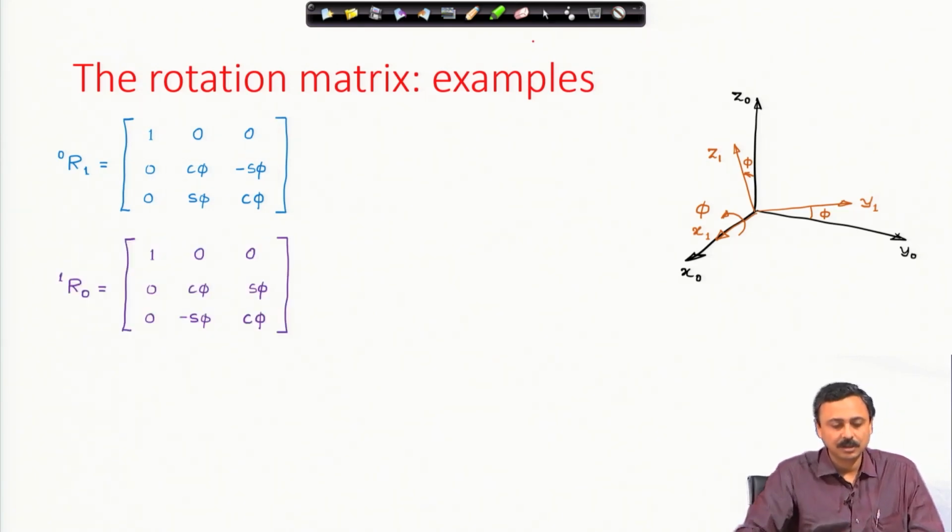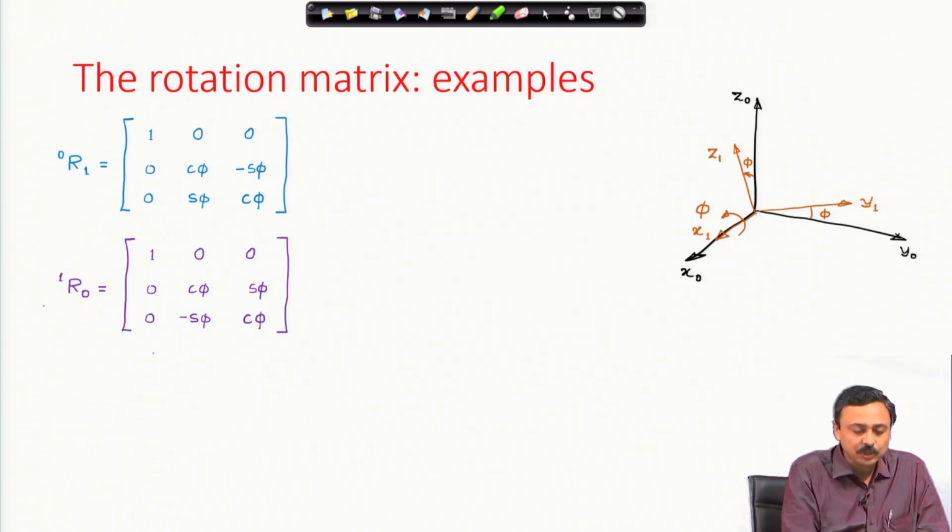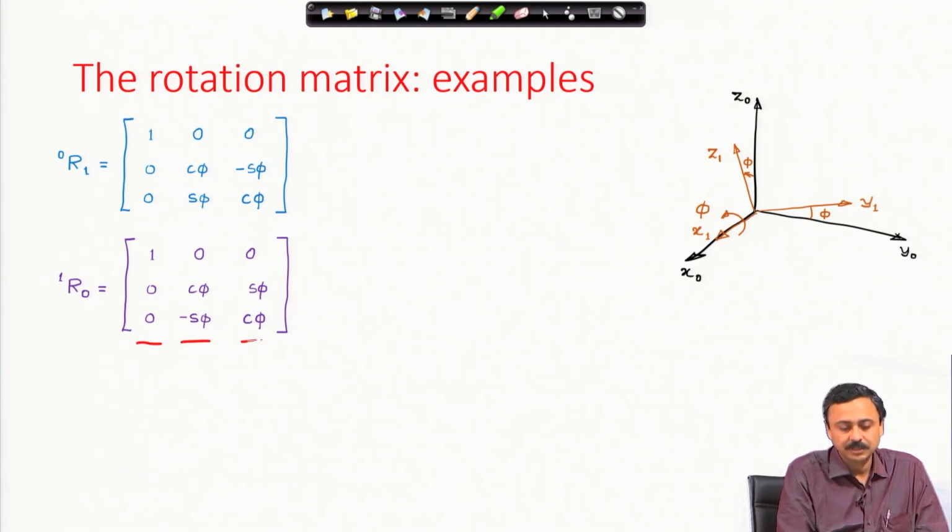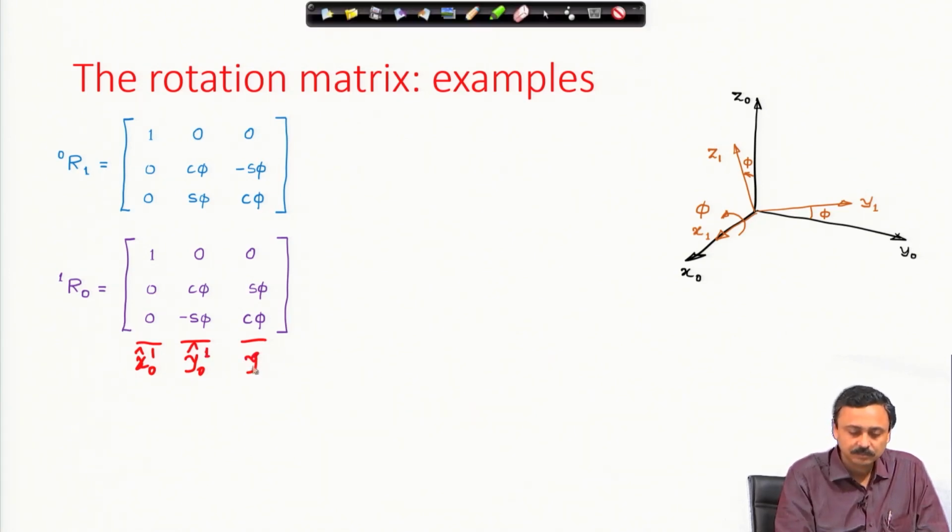So, this is R from 0 to 1, because it is 0 to 1, therefore, now you will find that the columns represent x 0 in x 1 y 1 z 1, this is x 0 unit vector in x 1 y 1 z 1, this is y 0 unit vector in x 1 y 1 z 1, and this is z 0 in x 1 y 1 z 1.